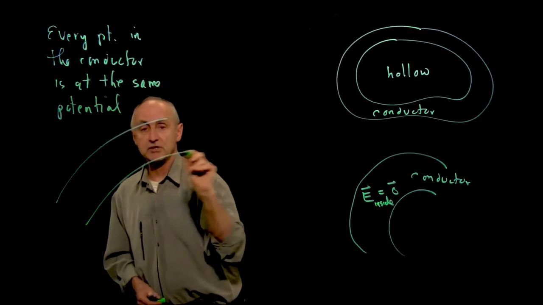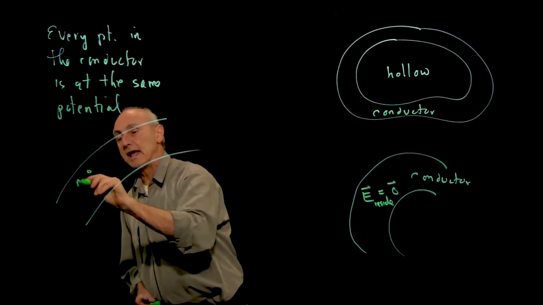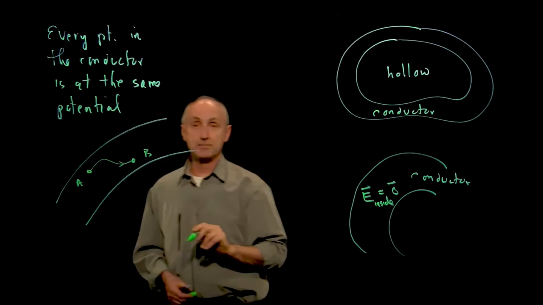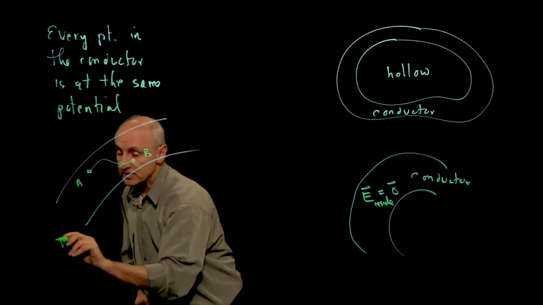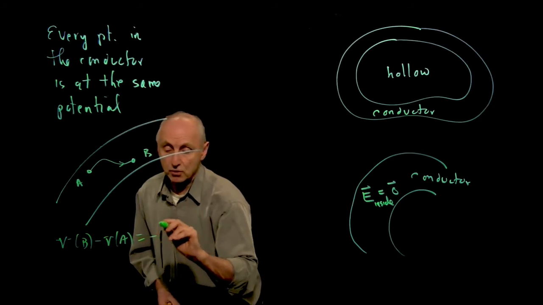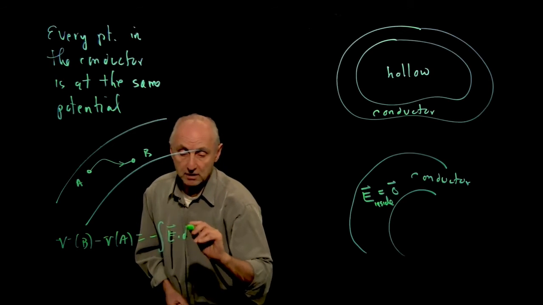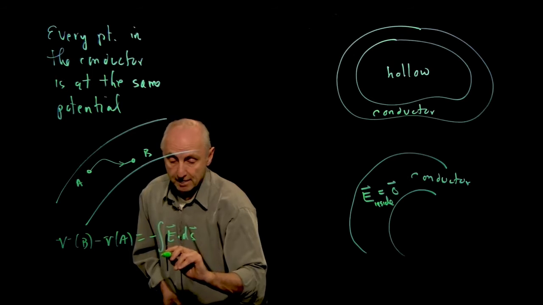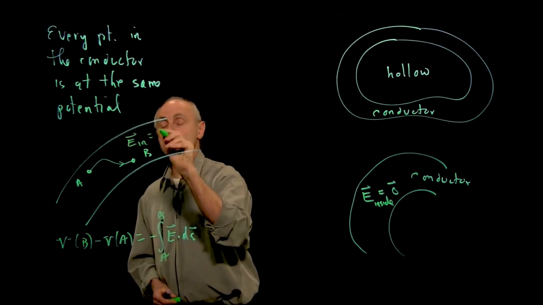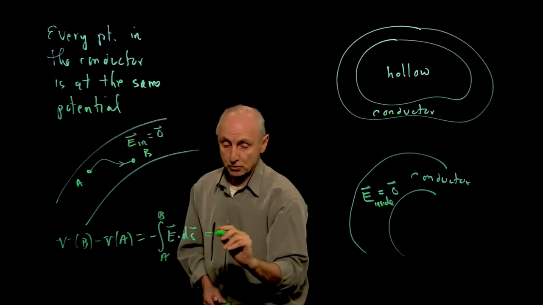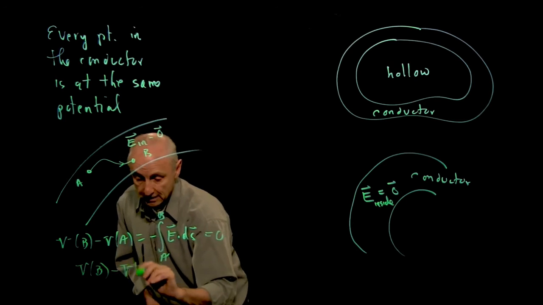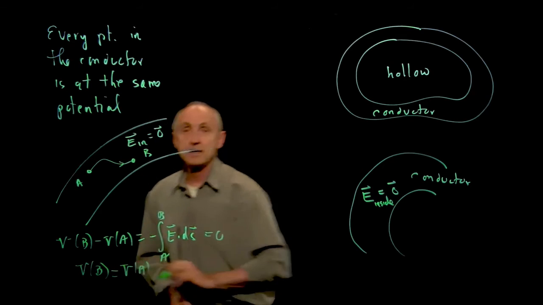Suppose we have the conductor, and we consider a point A and another point B, and we take any path going from A to B. Well, the potential difference between these 2 points is equal to minus the integral of the electric field along that path from A to B. And because the electric field inside the conductor, E in, is 0, this integral is 0, and that implies that the potential at every 2 points is equal.